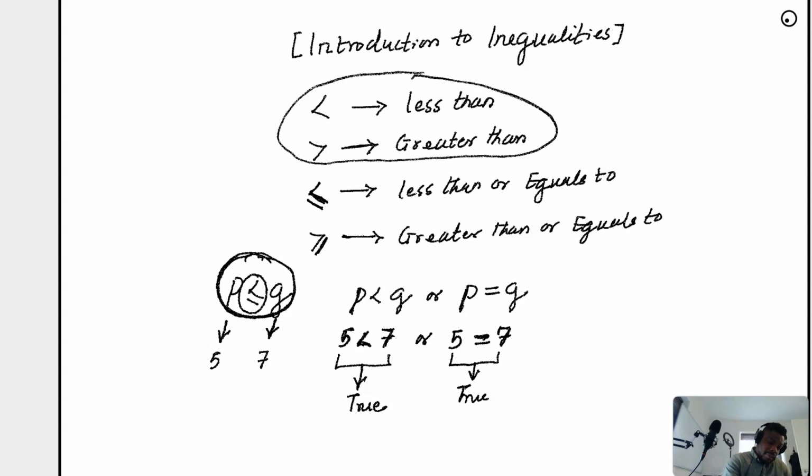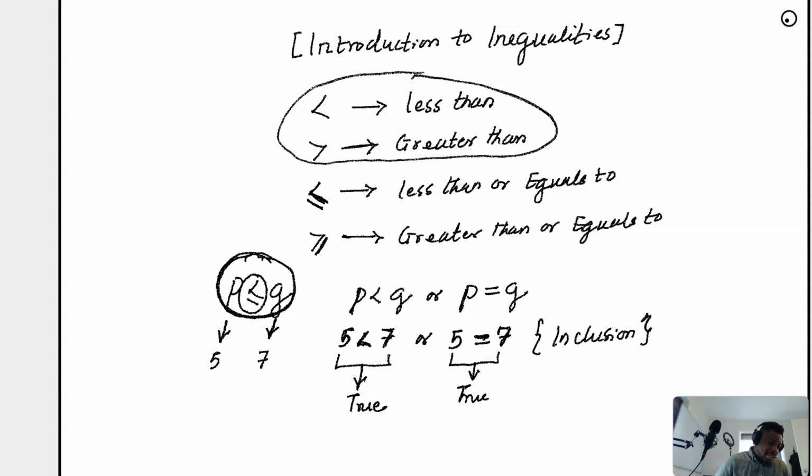So what does less than or equals to mean? It means inclusion. I will explain inclusion or inclusivity by the time we move on.